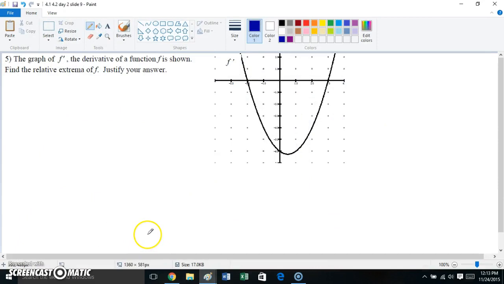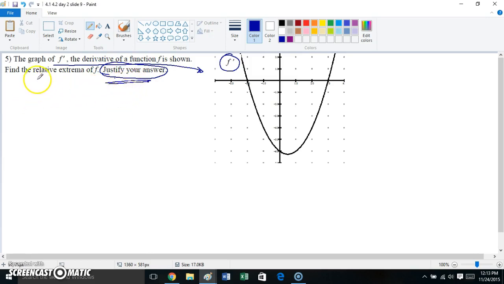Question 5. The graph of f prime, the derivative of the function f, is shown. Find the relative extrema of f and justify your answer. Okay, so this is the first question where I've seen the words justify your answer. So pay attention to how we do that.